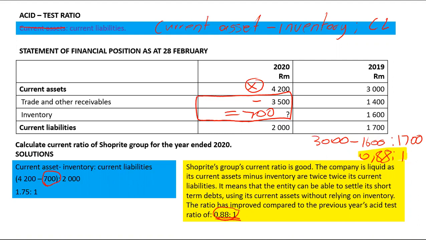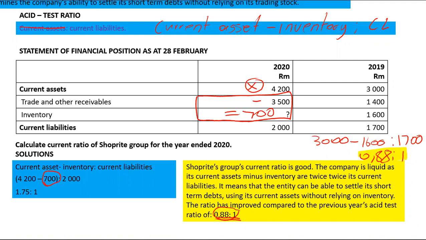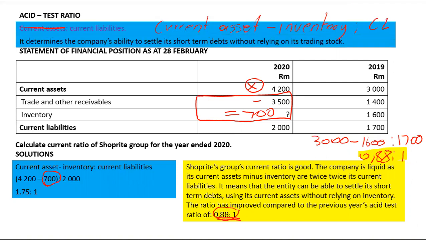So it is good this year. It has improved from a very negative amount. It determines, as I've said, the company's ability to settle its short-term debts without relying on trading stock. If I ask you, why do we calculate the acid test ratio? We simply calculate it to check if the company will be able to settle its short-term debts without relying on its trading stock.